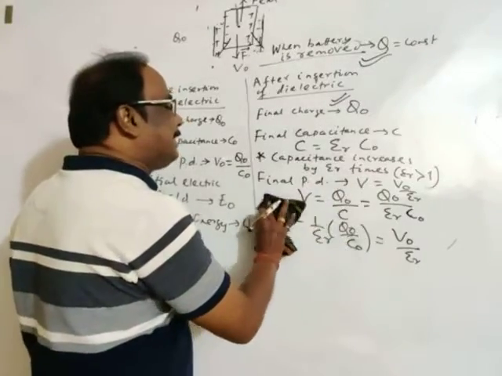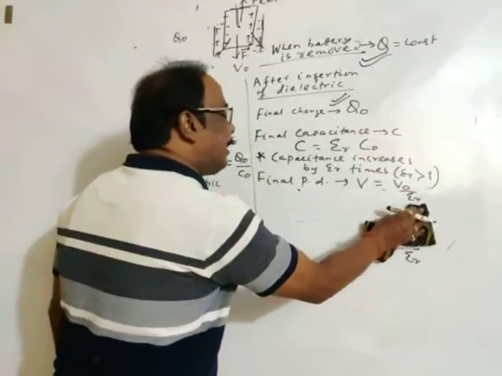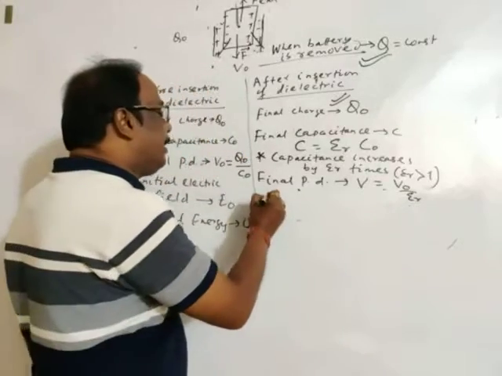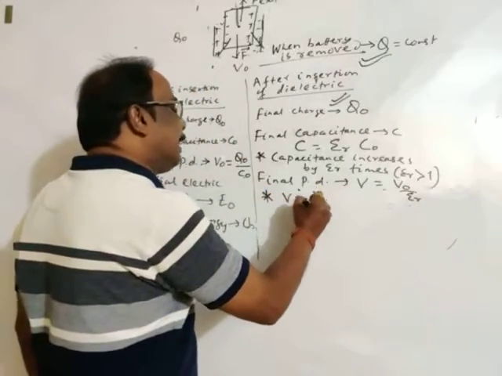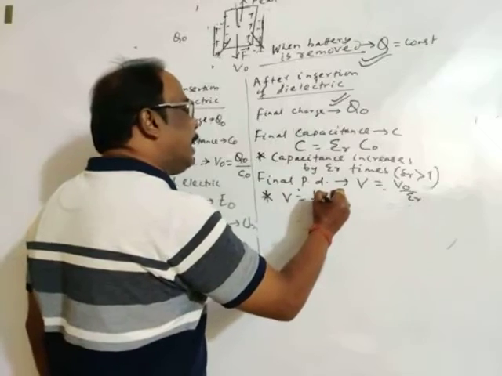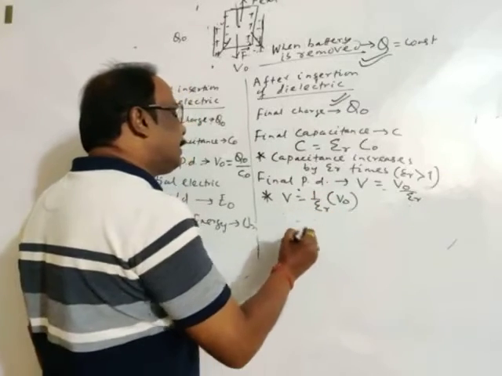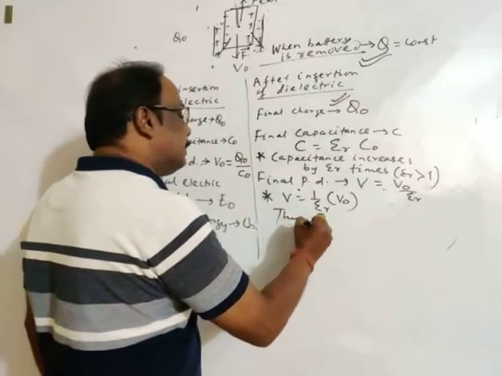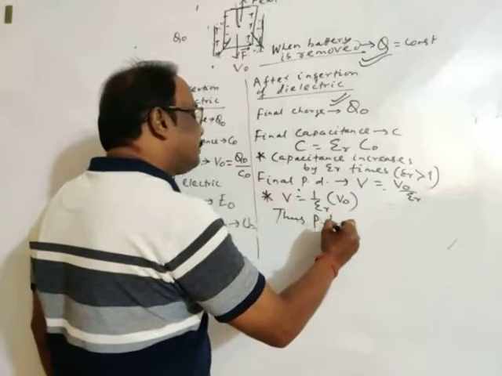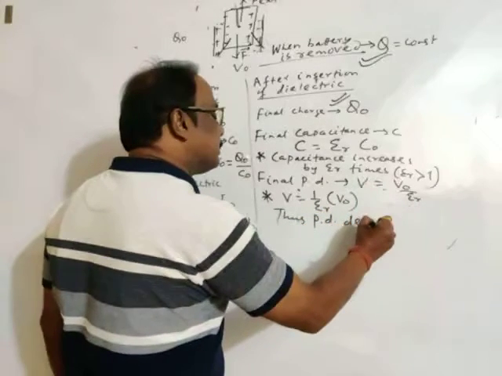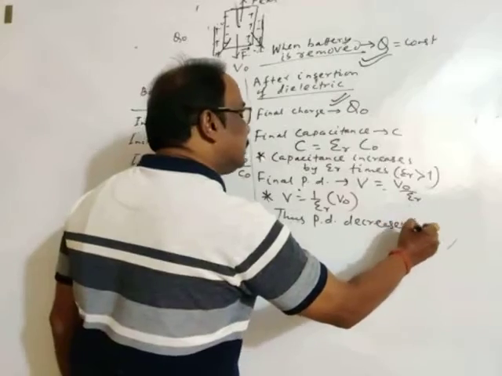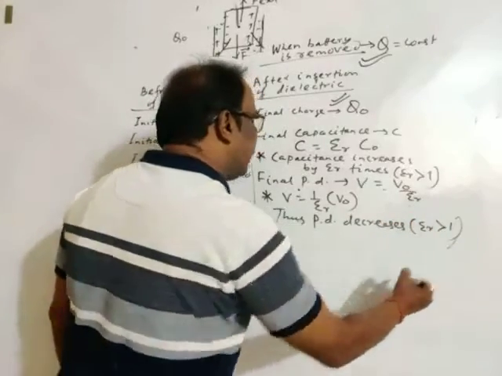Okay, now I will erase it. So what happens to potential? Our remark here: the final potential is 1 by epsilon r times the initial potential. Thus the potential difference decreases, since epsilon r is greater than 1.